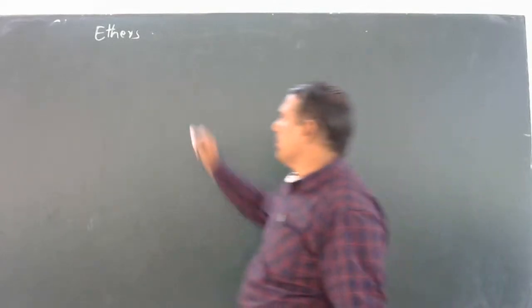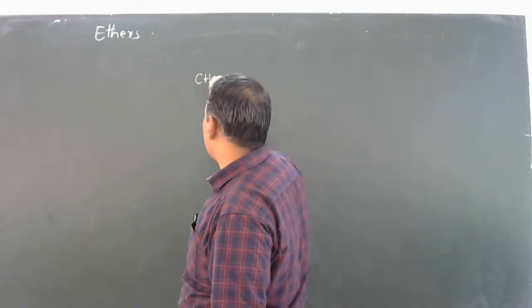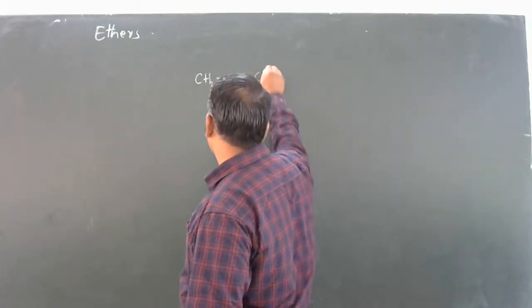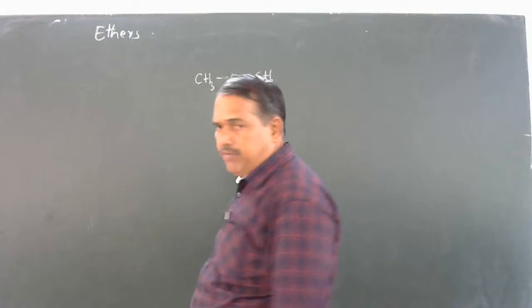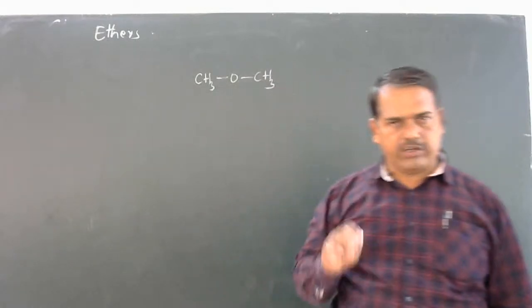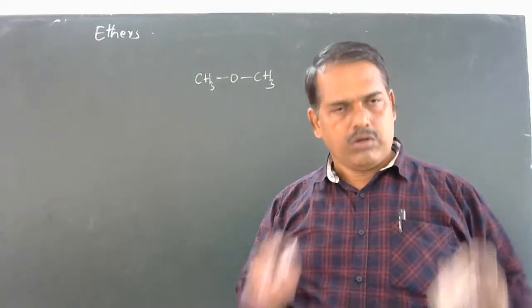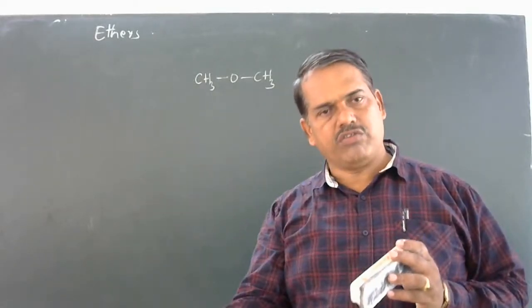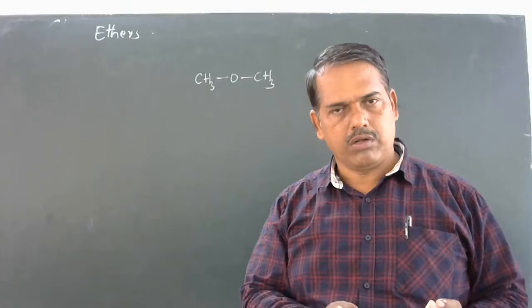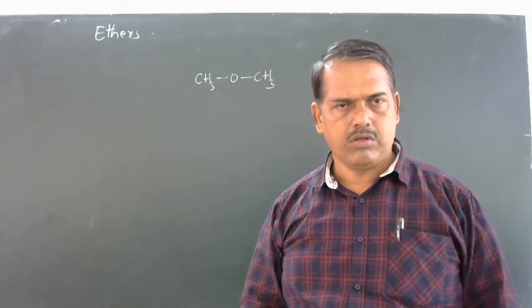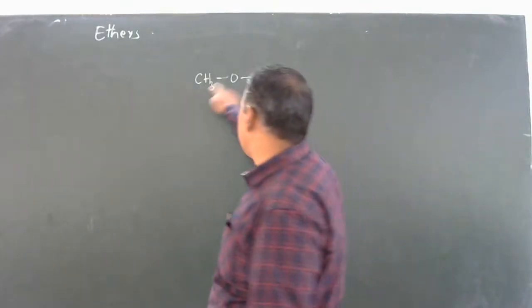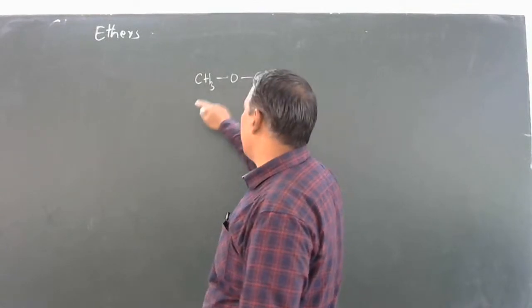Now, ethers. CH3OCH3. If an alkoxy group is introduced by replacing a hydrogen atom of a hydrocarbon, the compound is called an ether. That's all. See here, CH3OCH3. What's the IUPAC name of this compound?